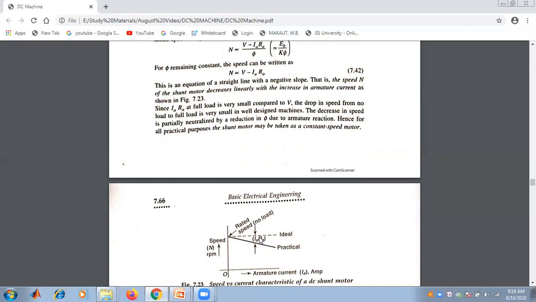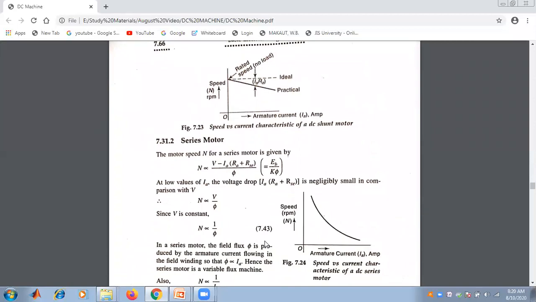Hence, for all practical purposes, the shunt motor may be taken as a constant speed motor because the drop of speed, that is Ia Ra, is very small. So we can comment that the shunt motor may be taken as a constant speed motor.